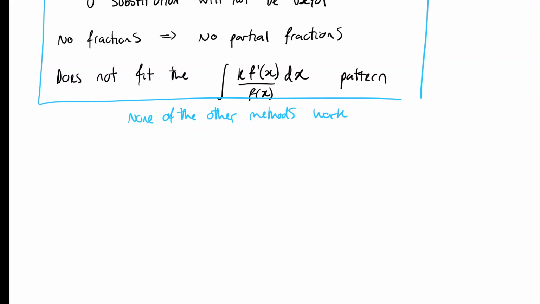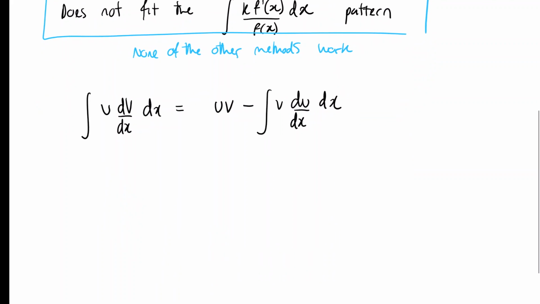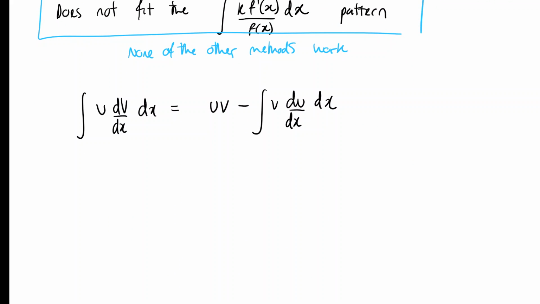So integration by parts, the rule is found in the formula sheet, and it's stated as follows: the integral of u dv dx dx is equal to u times v minus the integral of v du dx with respect to x. This bit here is the original integral.